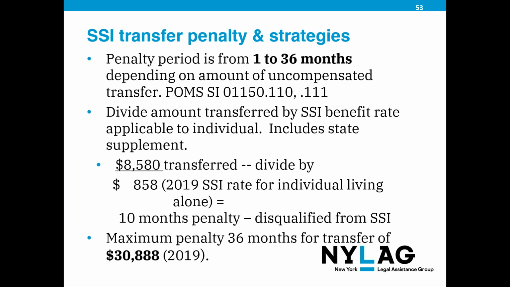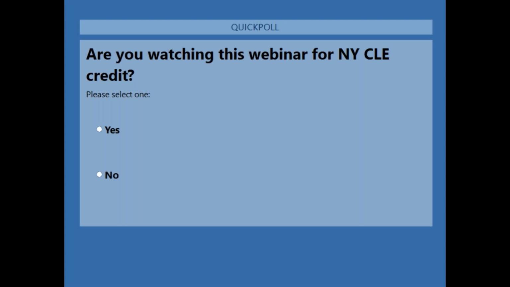So what is the transfer penalty? We're dividing the amount transferred by the SSI benefit rate, including the state supplement or SSP. So example, I know you have a poll going. I'll give you a second.